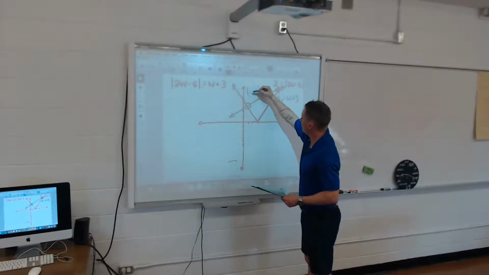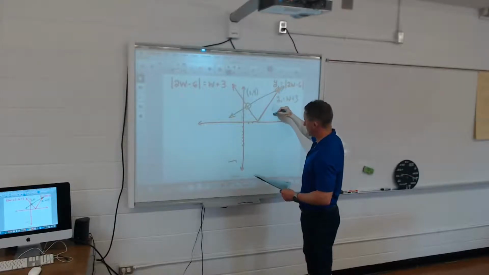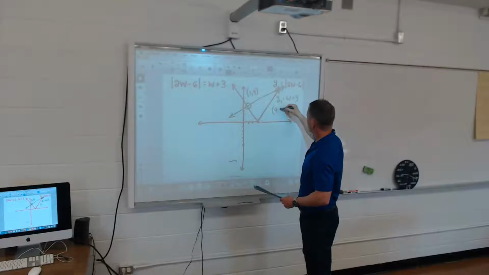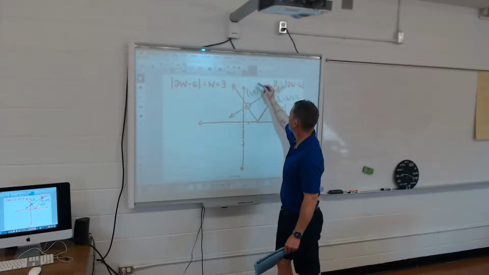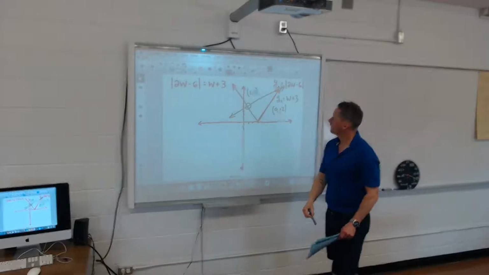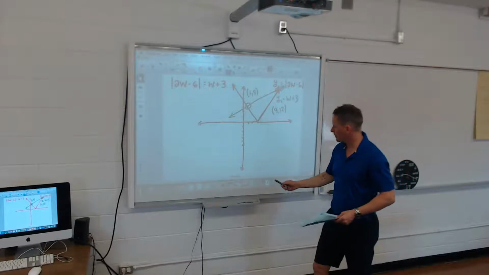This intersection point right here is 1 and 4. And this intersection point up there is 9 and 12. Okay, so just graphing the two lines.